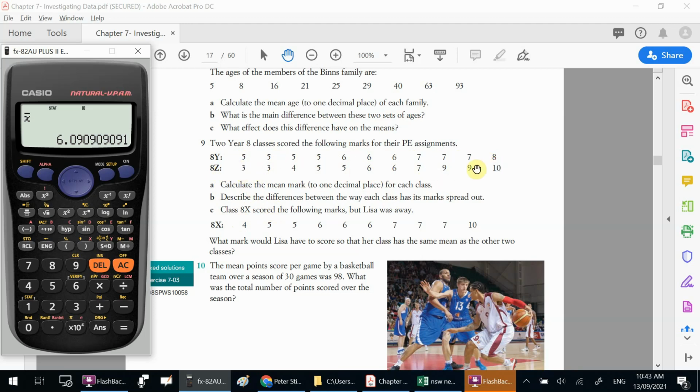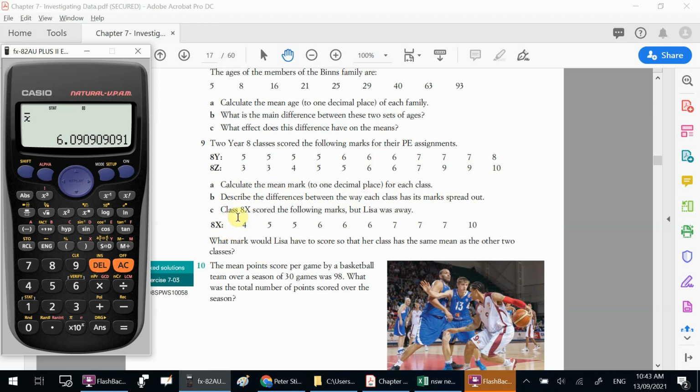The 8Z starts with 3 and goes to 10. Describe the difference in the way each class has its marks spread out. Yep, 8Y is more consistent, and with 8Z the marks are spread out further. There's a wider range.